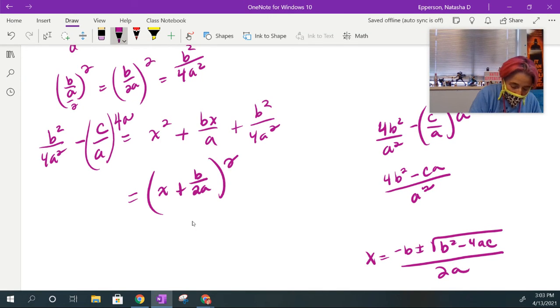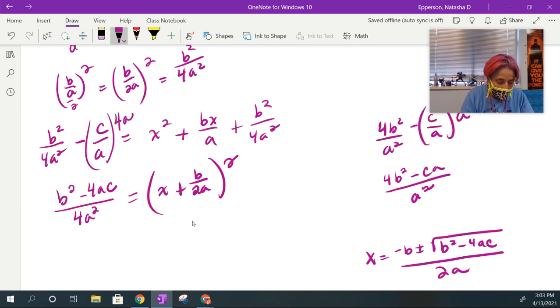So then this is going to become 4a squared. Then the top is going to become b squared minus 4ac, because that 4a needs to be distributed to the top and the bottom.